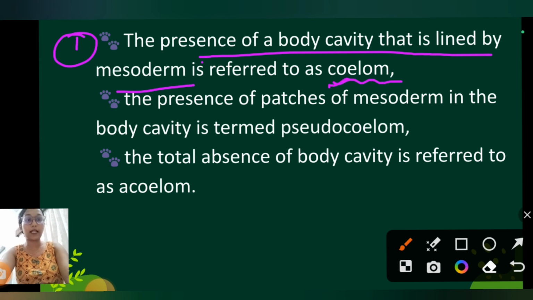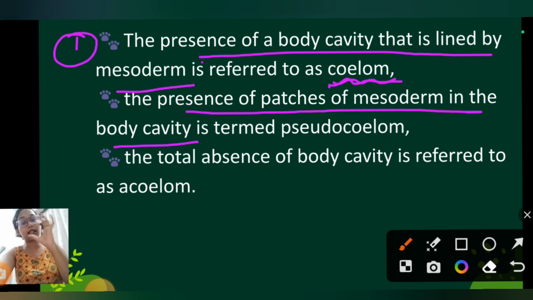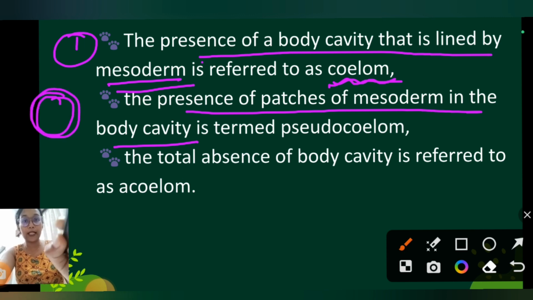Here the mesoderm is completely lining the body cavity, then it is a coelomate organism.